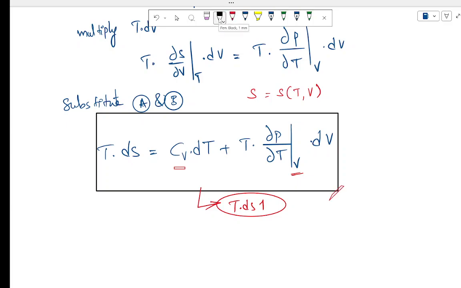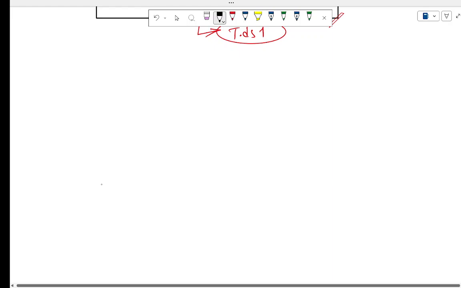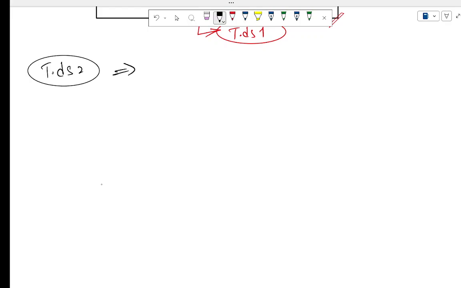Now that we have done that, we will now move to the TdS2 expression. Here we will be considering S as S of temperature and pressure, so that entropy will be a function of only temperature and pressure.